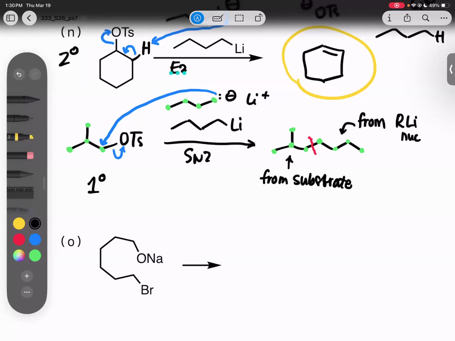And the part on the right is the 4-carbon chain from the organolithium nucleophile. Would you actually do this reaction in practice? No, you would just go to the oil distillery and buy some of that hydrocarbon. But in principle, you could do this.